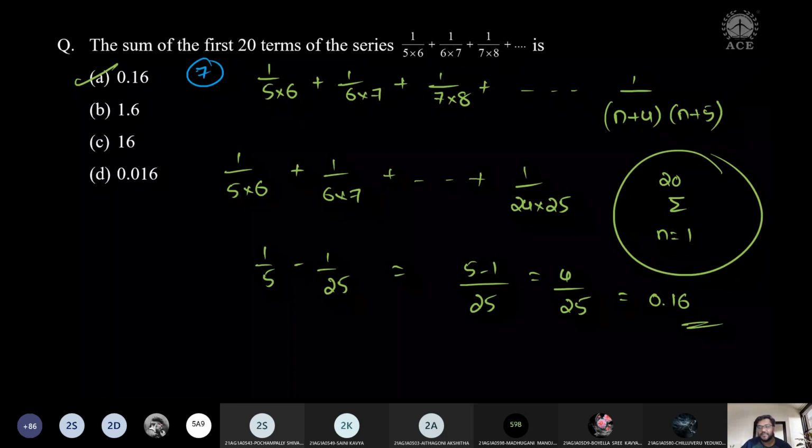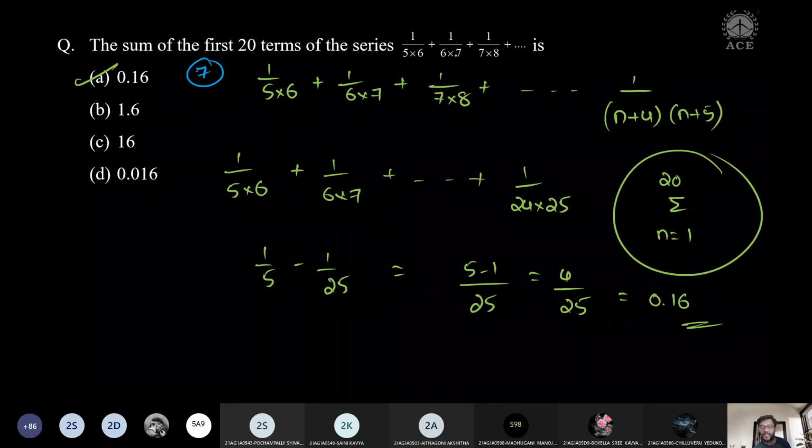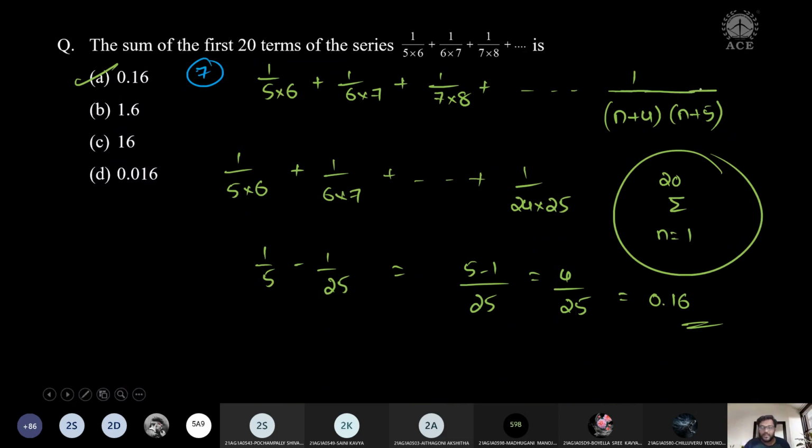But as we have 4, we should divide by 100 here. 16 divided by 100 is 0.16. Right, so we get 0.16, my dear friends. 1 by 5 into 6, 6 into 7, 7 into 8, and so on. 1 by n plus 4 into n plus 5. Right, good. See the next question.